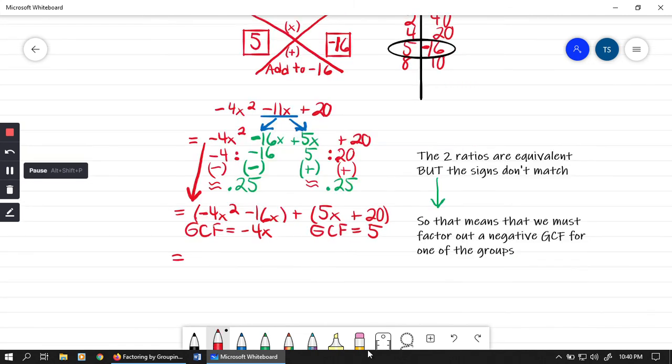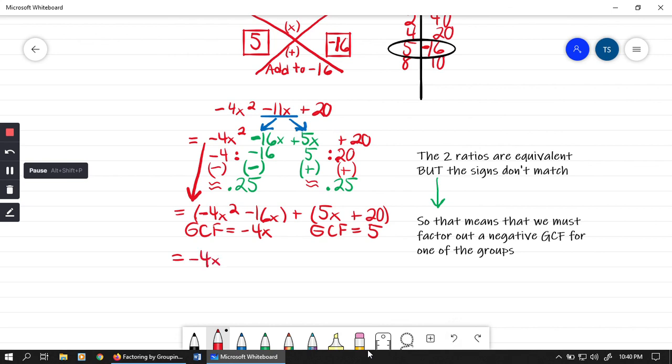One of those GCFs has to be negative because the two signs on the left side are the opposite of the two signs on the right side.